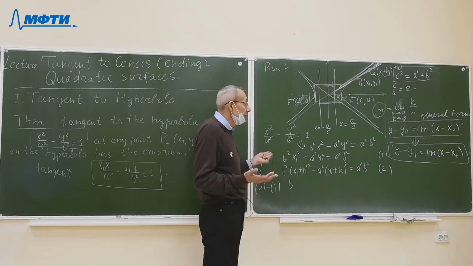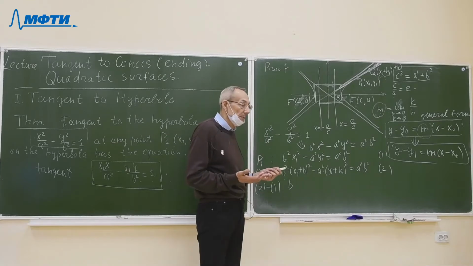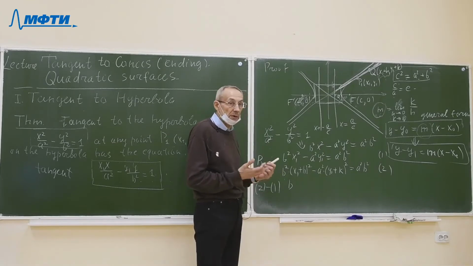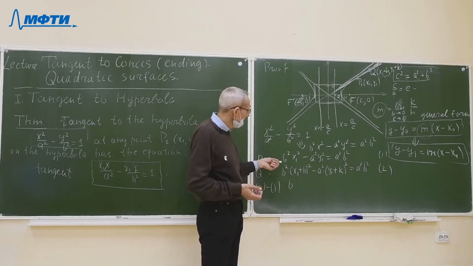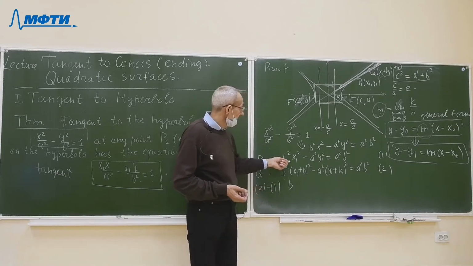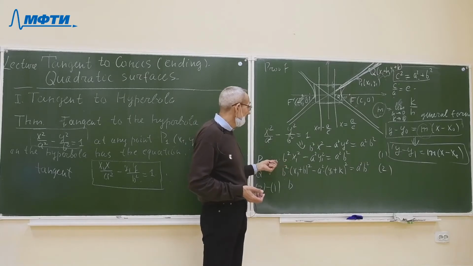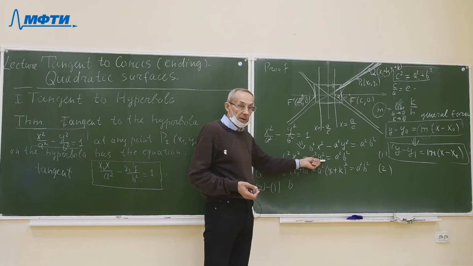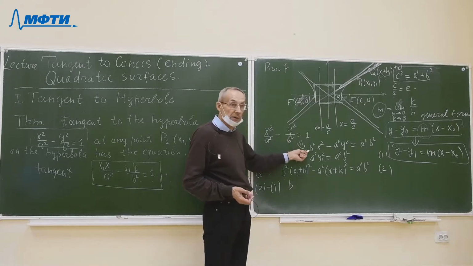The equation of the curve defines the set of points which lie on our curve. So the coordinates of point P1 satisfy the equation of the hyperbola.